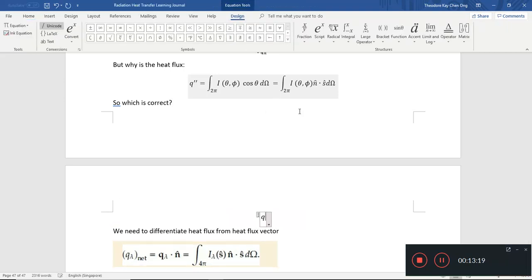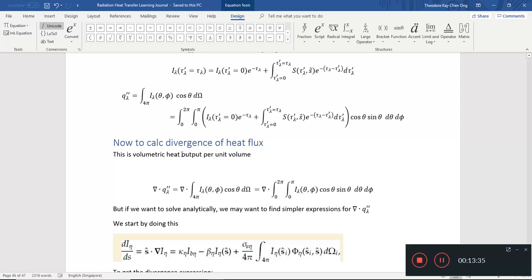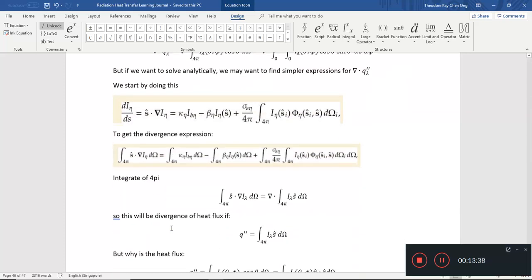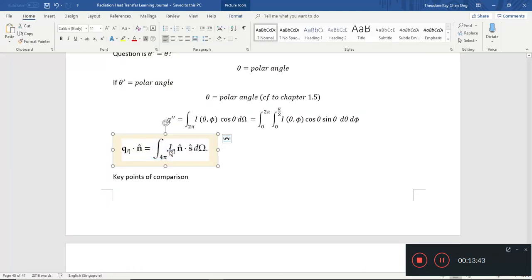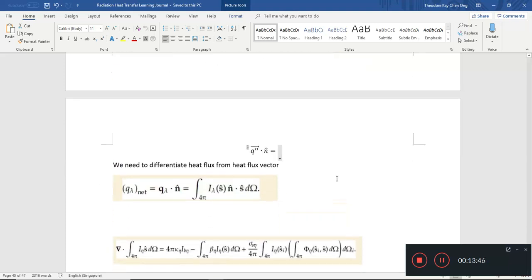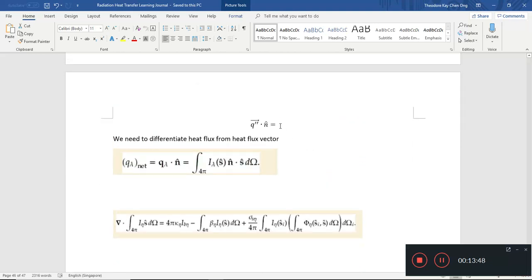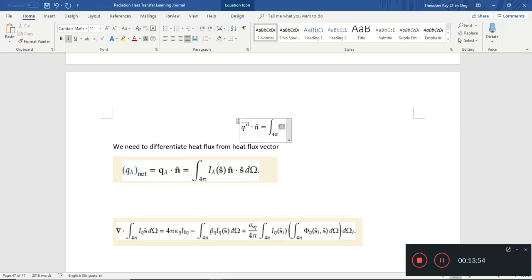I'm going to write heat flux vector like such, dot n hat, equals to the whole thing here, integrate over 4 pi, I lambda.